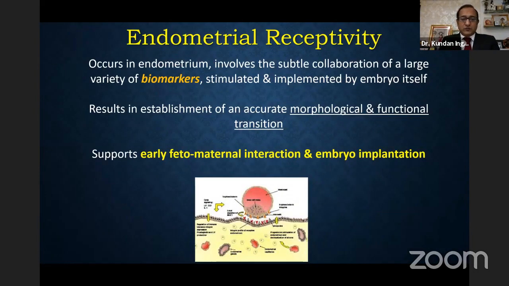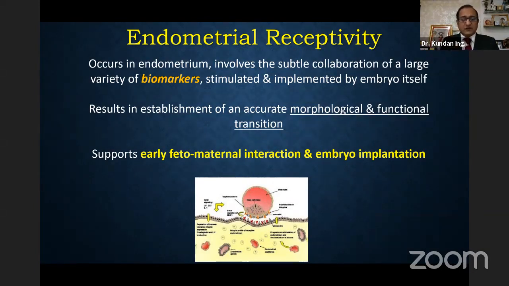Now, endometrial receptivity involves a subtle collaboration of a variety of biomarkers. These biomarkers may be stimulated or influenced by the embryo, but they result in the establishment of a morphological and functional transition of the endometrium.